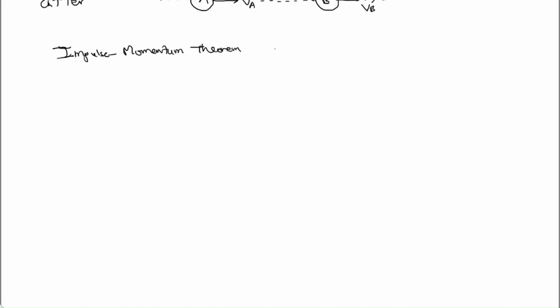What it says is that the impulse acting on some object or system equals that object or system's change in momentum, where momentum is equal to mass times velocity.